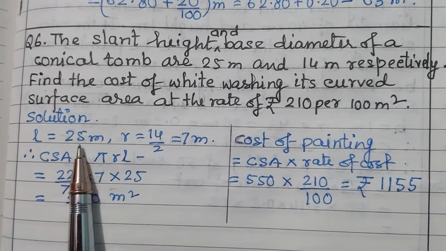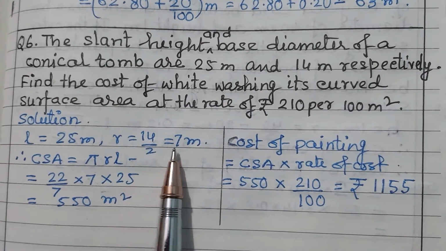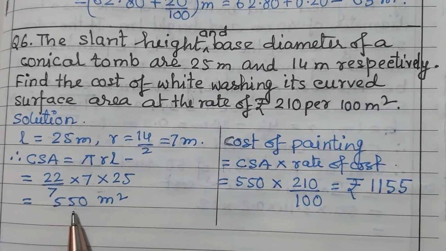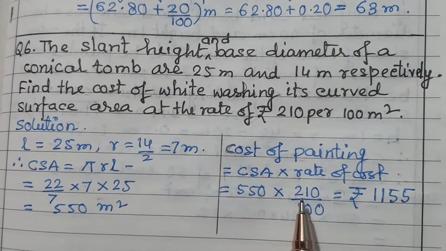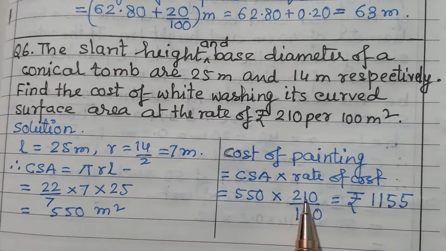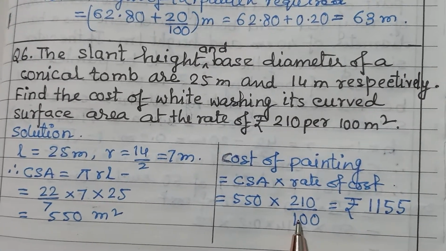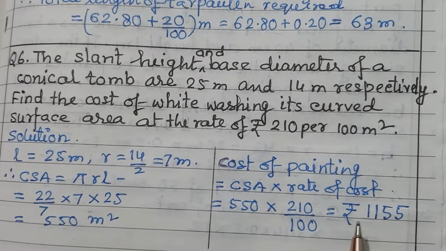L is given, R is half of diameter, it is 7 meter. CSA pi RL is 550 meter square. Now the cost of painting is CSA into rate, 210 out of 100 meter square. So it is upon 100. So it is 1155 rupees.